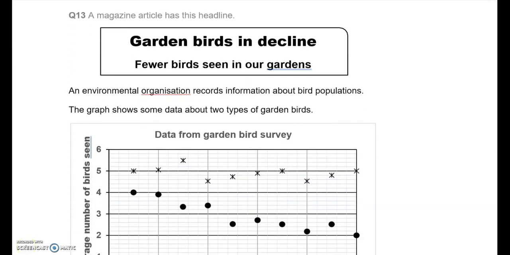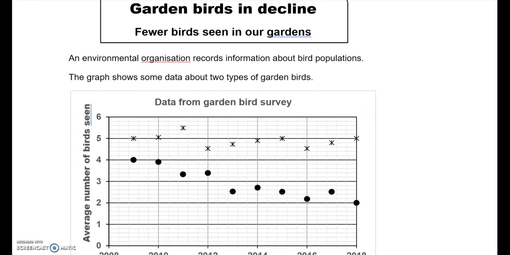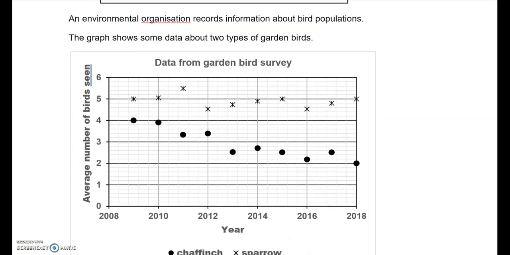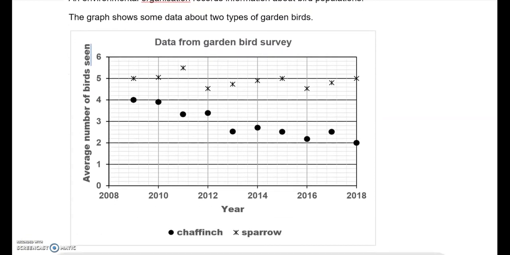Question number 13. A magazine article has this headline: Garden birds in decline. Fewer birds seen in our gardens. An environmental organization records information about bird populations. The graph shows some data about 2 types of garden birds. So we've got them both in here.